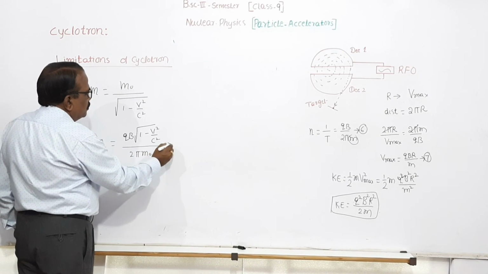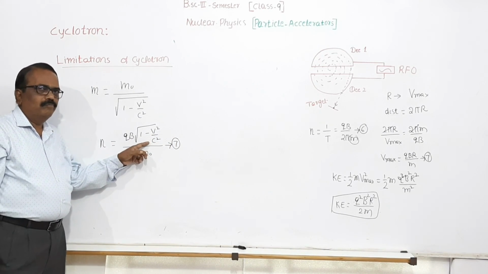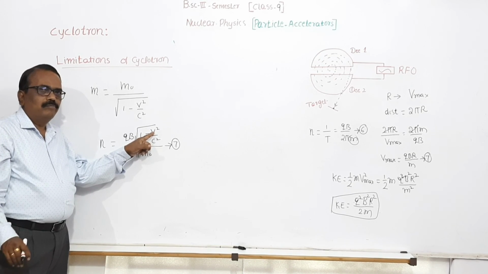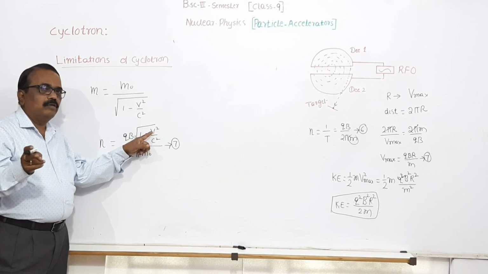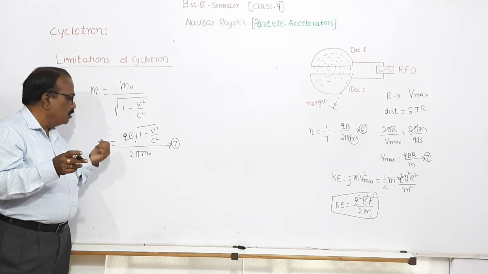Call this equation 7. So according to equation 7, if v goes on increasing, our aim is to increase the velocity of the ion, n decreases.